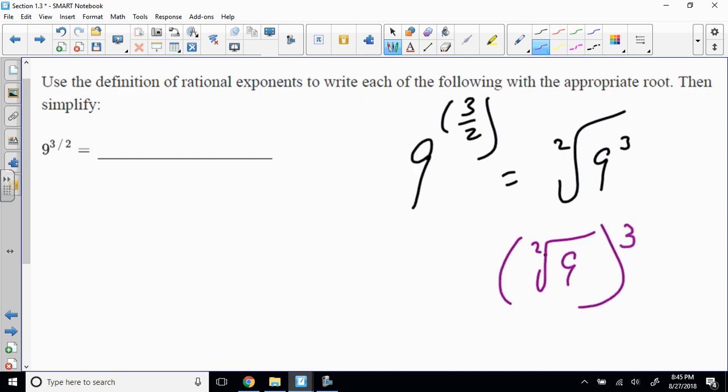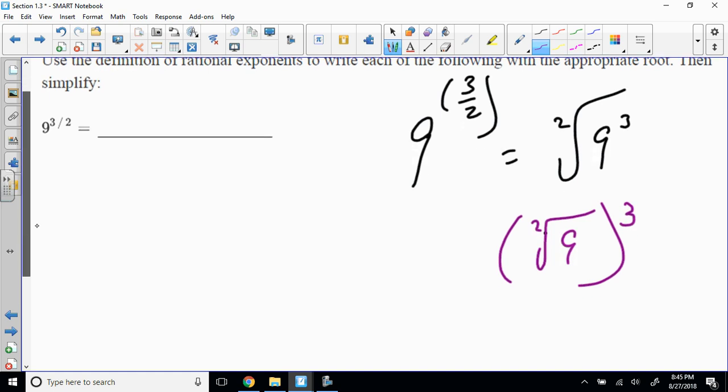There's 2 ways to write that. Either put the power on the 9 or bring it out, right? Or put it as it's raised to a power. So really, if I was to do that, that's really 3 cubed, which is 27, right?